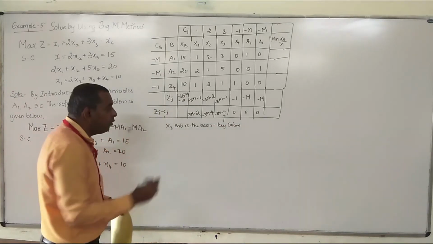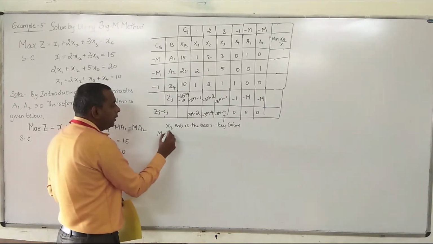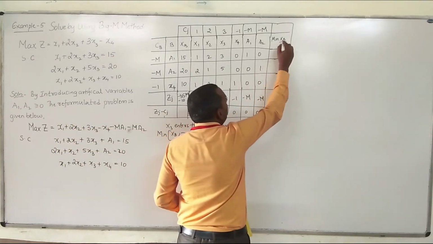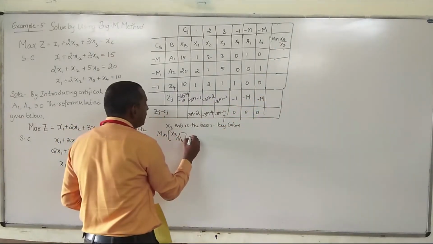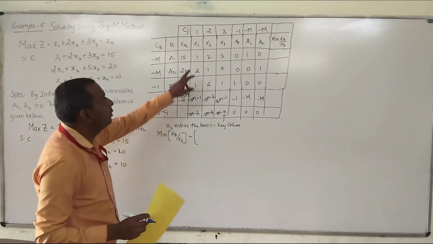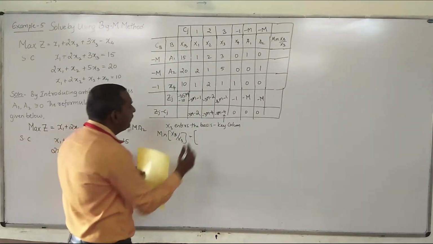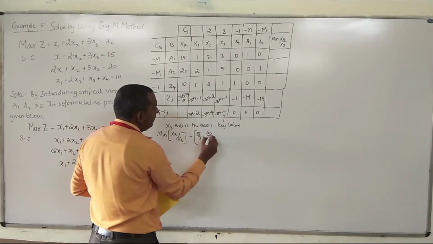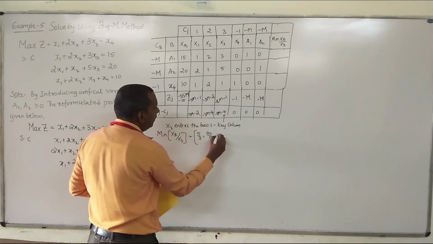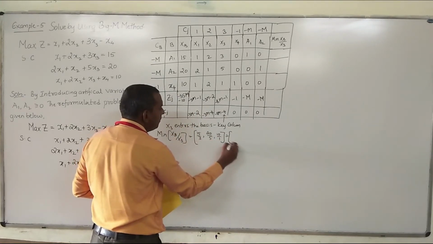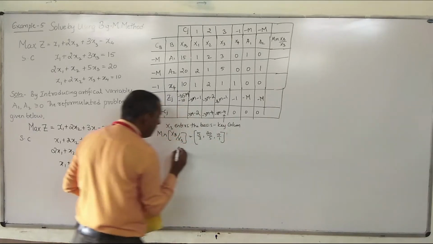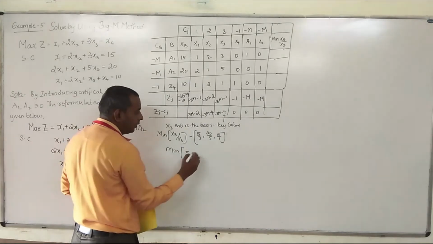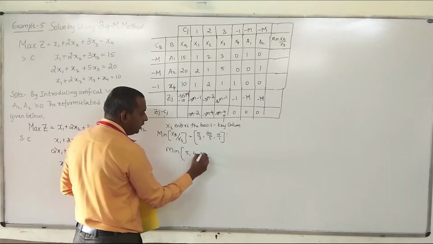To find the key row, we find the minimum of xb upon x3. That is 15 by 3, 20 by 5, 10 by 1. Which is the minimum among these? It is 5, then 4, then 10.